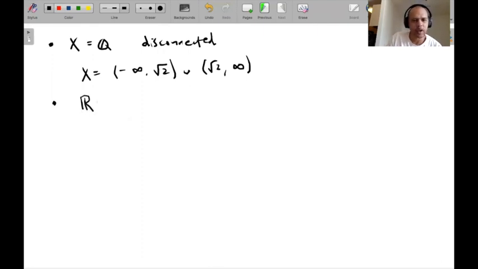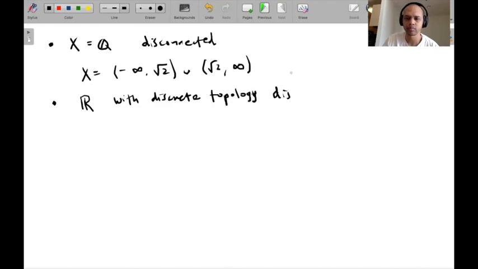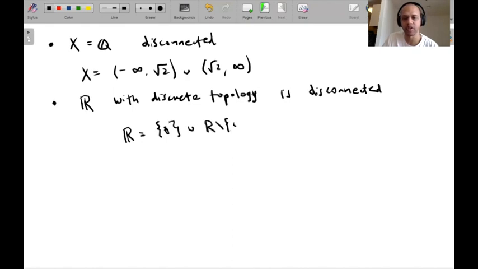A couple of other examples. R with the discrete topology is disconnected. Everything is open, so you have way too many open sets to work with, and it's easy to find disjoint open sets whose union is everything.